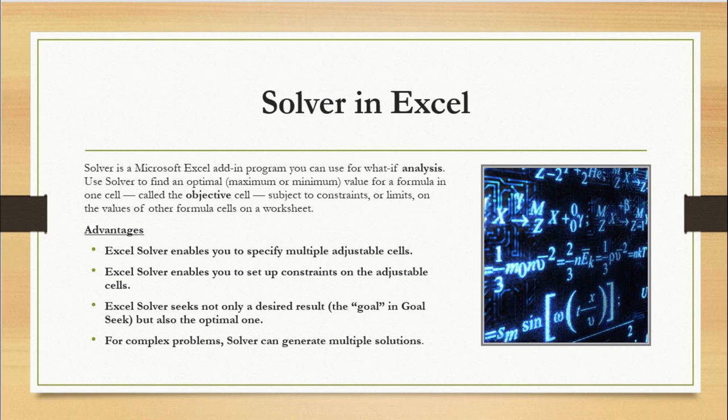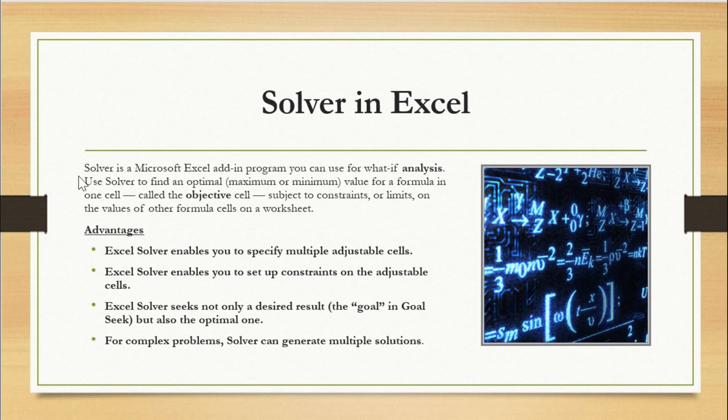Excel solver seeks not only the desired result but also the optimal one. For example, looking for an optimal result might mean finding a solution that's the maximum or minimum possible. For complex problems, solver can generate multiple solutions, and you can then save these different solutions under different scenarios.